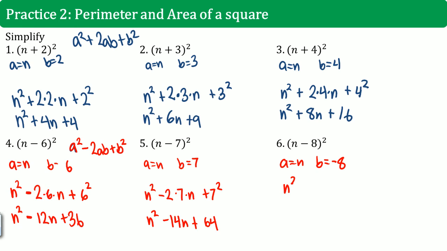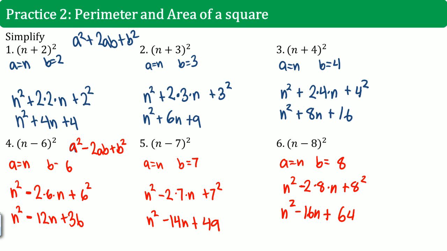You get n squared minus 2 times 8 times n plus 8 squared. So you get n squared minus 16n plus 8 times 8, which is 64. And 7 times 7 is 49. Okay, there you go.